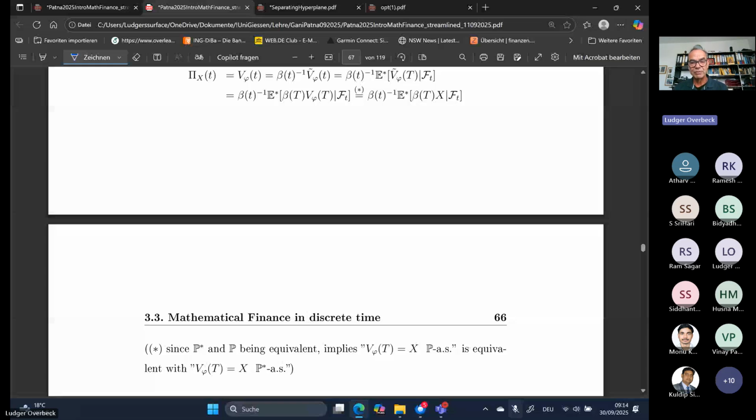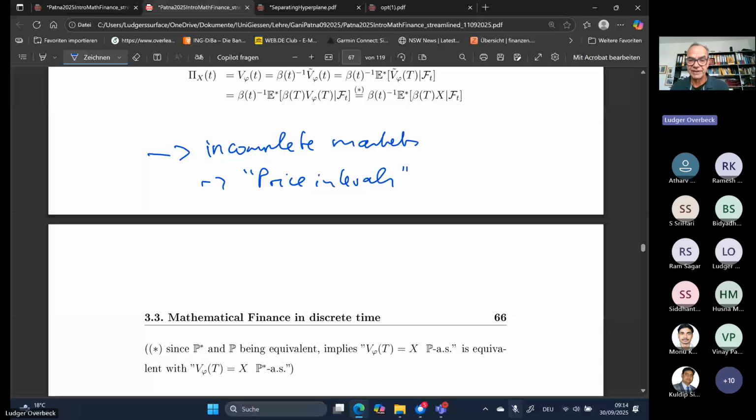That's what's called incomplete markets. This leads to price intervals. Theoretically, you get an interval of prices.